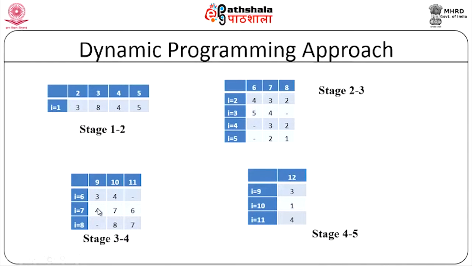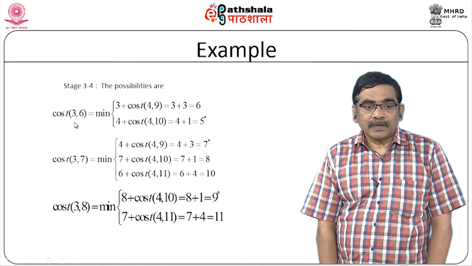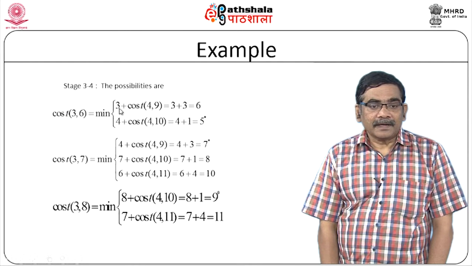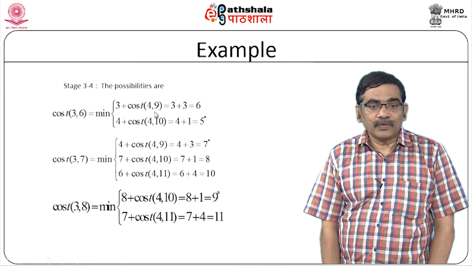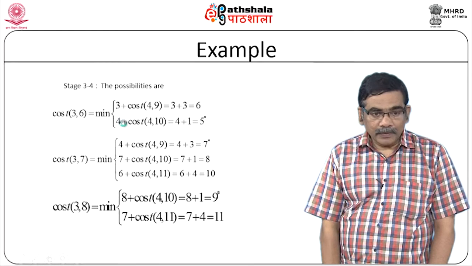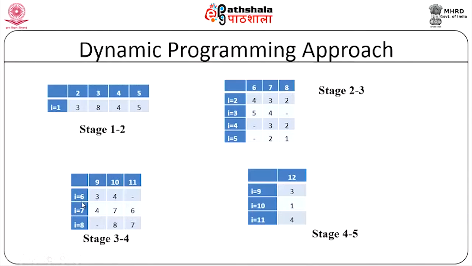So, now we proceed to the next immediate stage, that is going to be stage 3 to 4. In 3 to 4 you can see very well this is stage 3. So, we have to compute the cost of 3 comma 6, 3 comma 7 and 3 comma 8. So, cost of 3 comma 6 is nothing but the minimum of cost 3, and we have to see from stage 4 to 9. So, I have to use this particular table effectively.